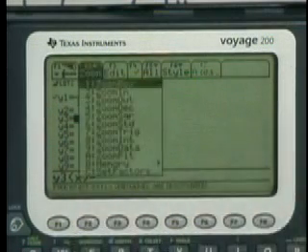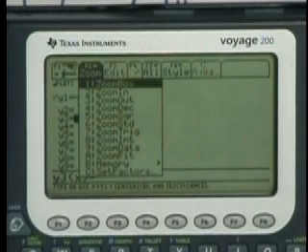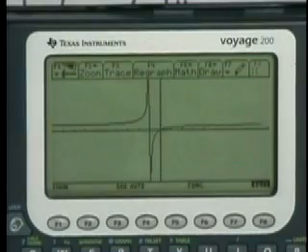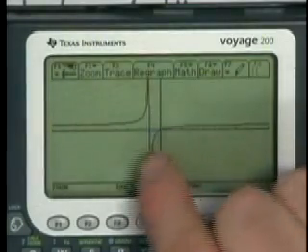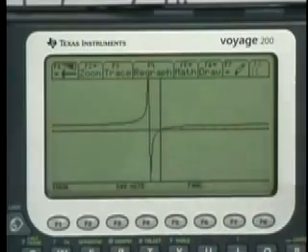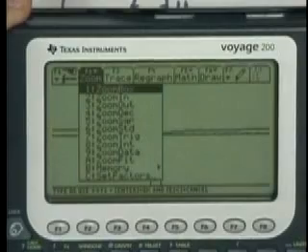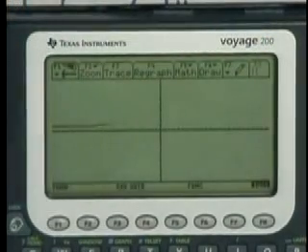I could zoom standard, and it'll draw it for me. The problem with standard is the x and y axes are not evenly scaled. So once I zoom standard, I'm going to zoom square, which is 5, and that rescales it.